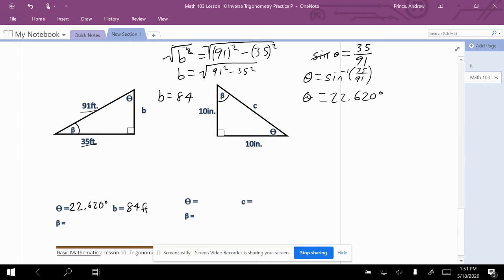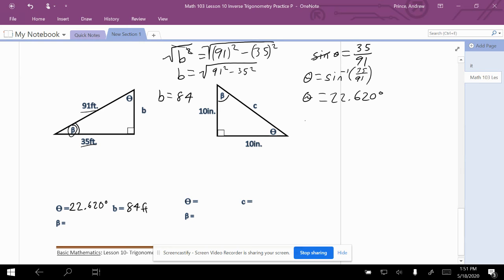So theta is 22.620. And we'll go ahead and use the same information we had, but we're going to use cosine because now that we're using b's perspective, we're going to be looking at the adjacent 35, which was the opposite of b. Well, now it's the adjacent since we're using a different perspective, a different angle.